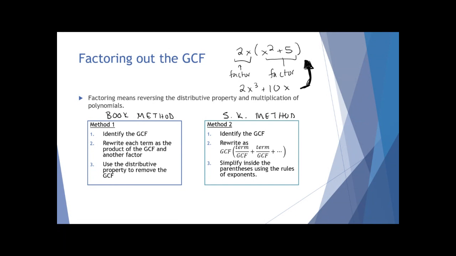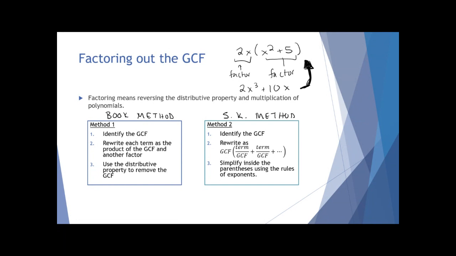Then step 2 is to rewrite what you have, but the way you rewrite it is different. In method 1, you rewrite each term as things multiplied together, the GCF and what it's multiplied by. In my method, I rewrite it so your GCF is in front and then you're dividing each term by the GCF. So one, you're writing it as multiplication, one, you have division.